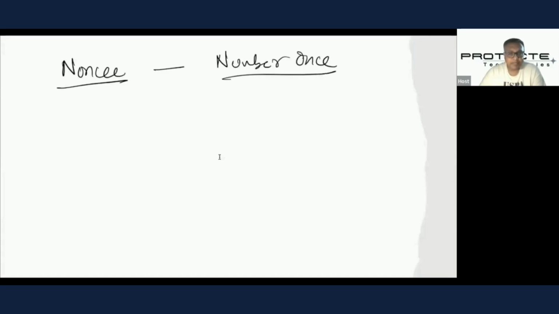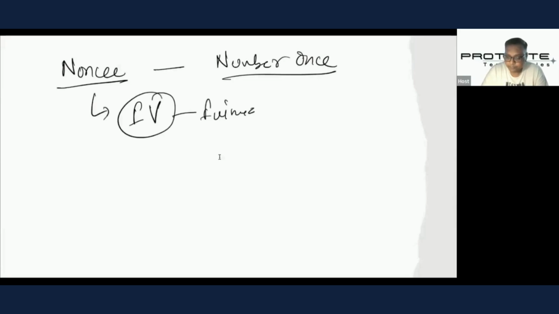Then you have a function called nonce. A nonce is an abbreviation for number once. Number once is basically used in cryptographic functions as initiating variables, IVs. What are initiating variables?